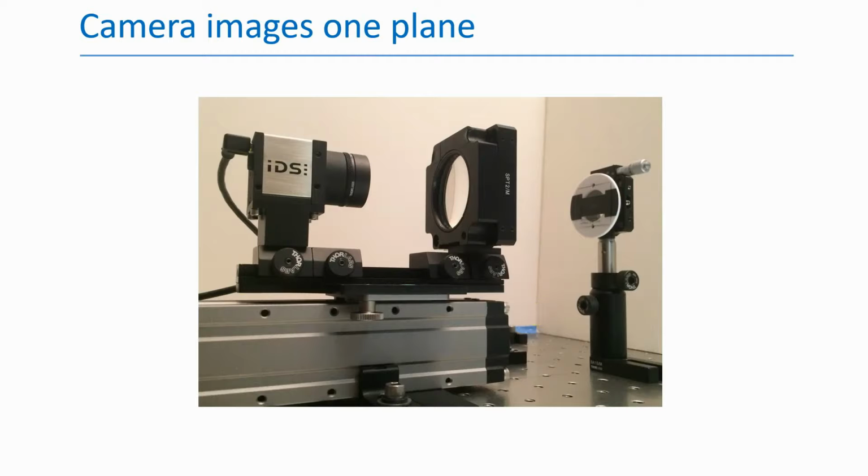What happens if we move the camera further away from the grating, say by 1 millimeter? In one sense, the camera would see a blurry image of the grating, but actually, it sees a sharp image of a different plane. Instead of imaging the grating plane, it instead images a theoretical plane which lies 1 millimeter away from the grating. We can image any plane like this by moving the camera.